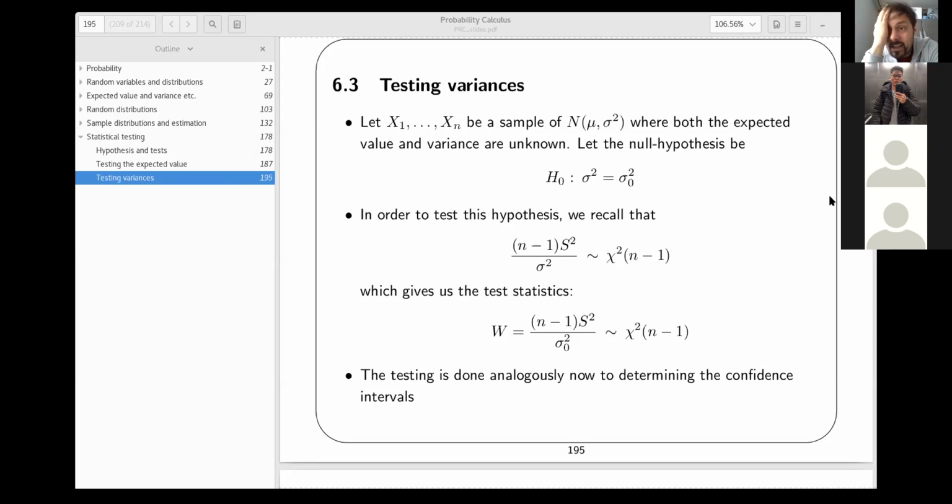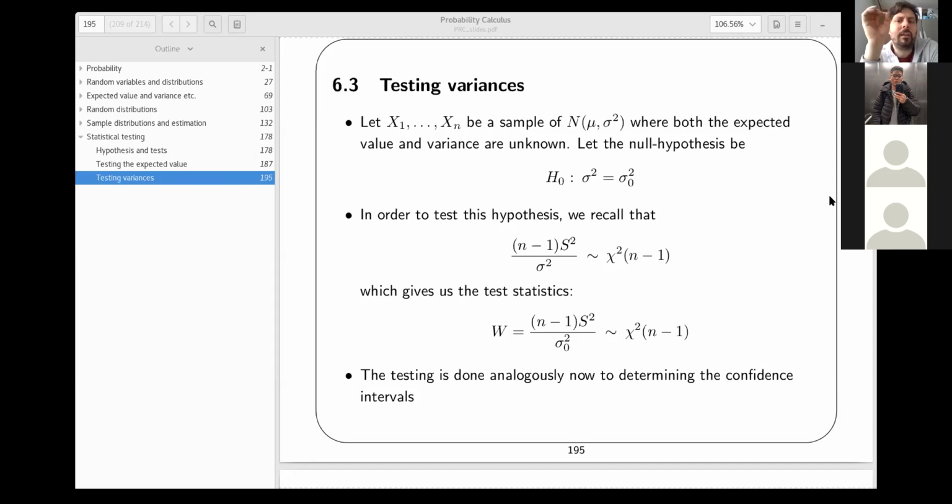Let's say we have some reason to believe that some machine is wobbling a little bit more. Say we are measuring something where the expected value is less important than the variance. We have some established variance that is tolerated. So it can vary a little bit, but not too much, and we want to check whether the variances remain the same.